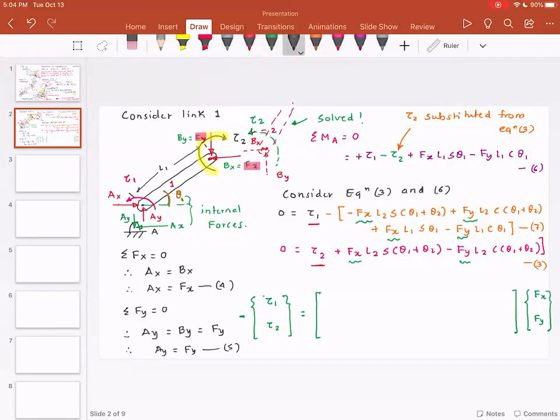The terms that will be picked up are L2 sine theta 1 plus theta 2, that comes from the first term, plus L1 sine theta 1. Then I would add the term L2 cosine theta 1 plus theta 2 minus L1 cosine theta 1.